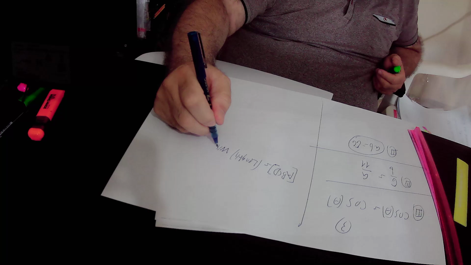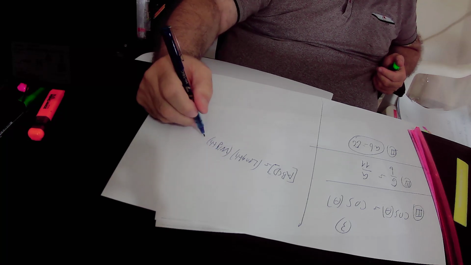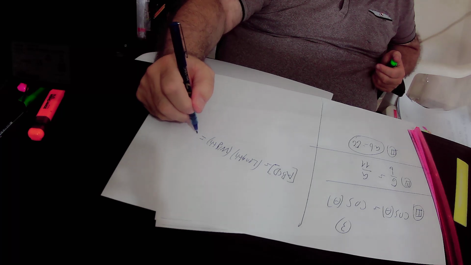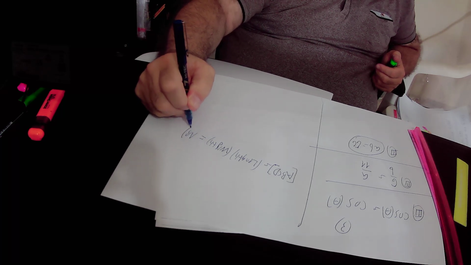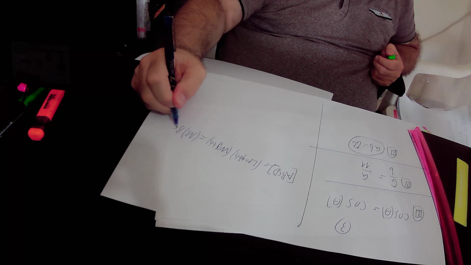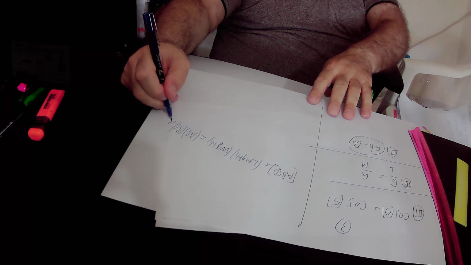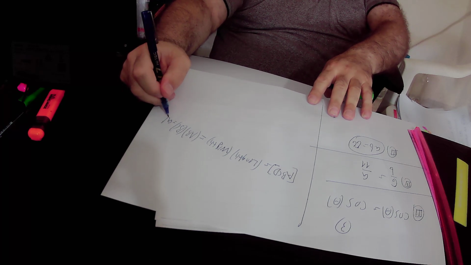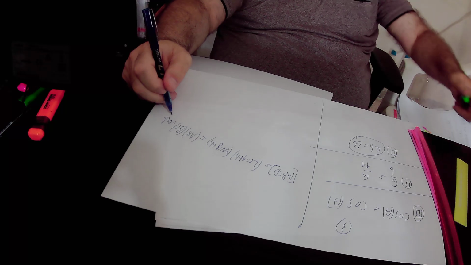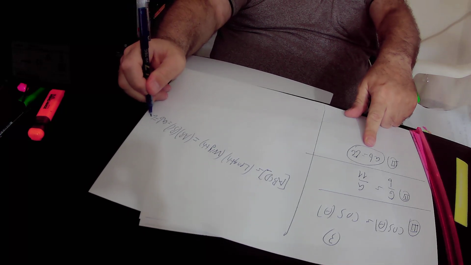The length of rectangle ABCD is AB. The width is BC, and according to our definition, AB equals A and BC equals B, and we have already found out that AB equals 66.